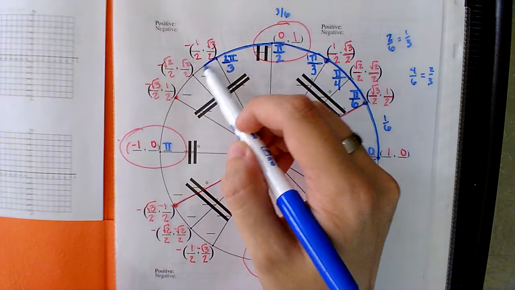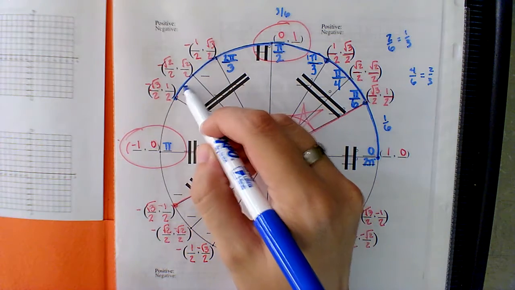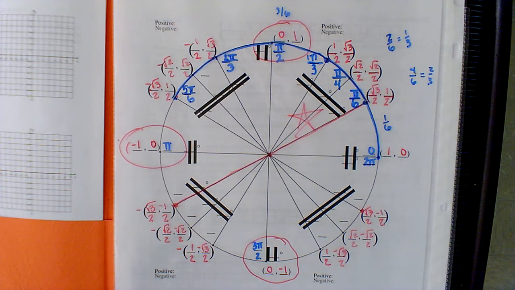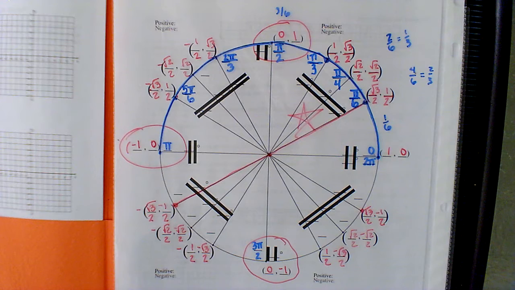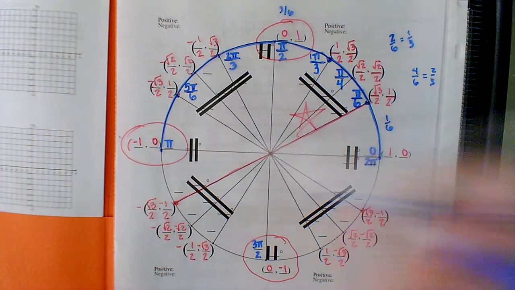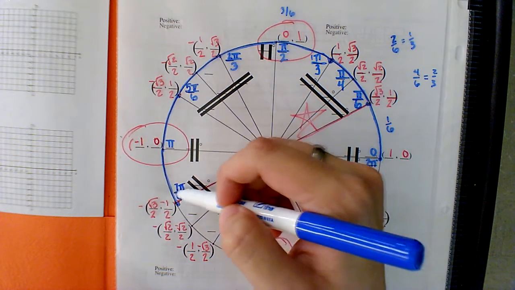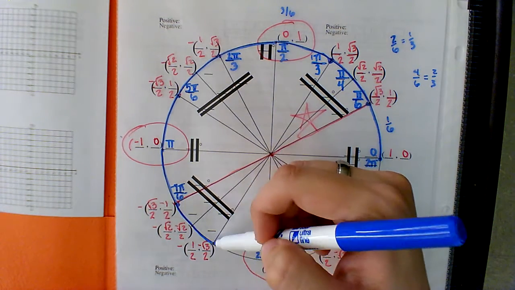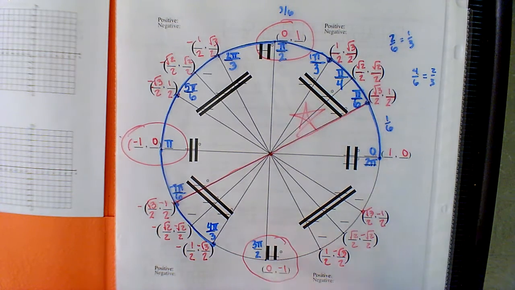Okay, we have that 2/3 with a pi. If we were to go another 1/6, we would be at 5 pi over 6, because we went 5 sections, but 5 pi over 6 doesn't simplify. So we'll keep it. And if we were to go another 1/6, we'd be at 6 pi over 6. But 6 over 6 is just 1. And notice how we just have 1 pi. So if we keep going, we would be at 7/6. Okay, that doesn't simplify. Next, we would have 8/6, but that's 4 pi over 3.